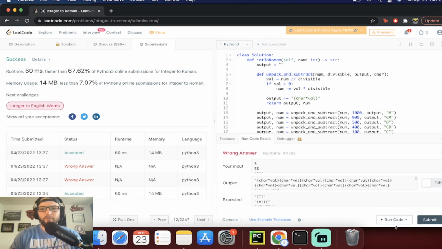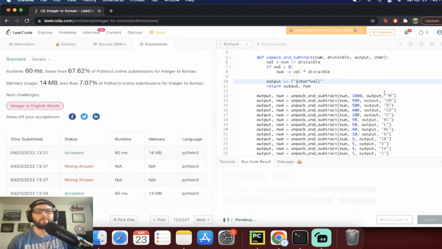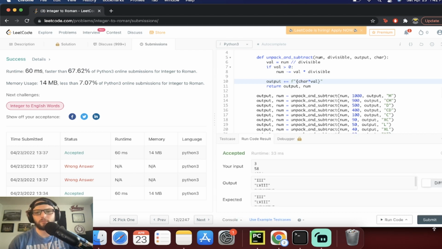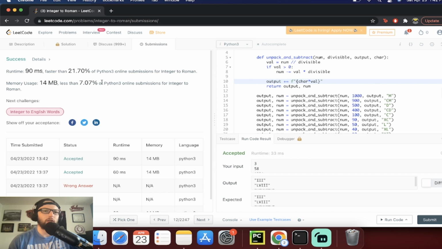Wrong answer. Gotta remember the F string, buddy. Now I'm predicting that this one's gonna be pretty fast and pretty space efficient. It's actually bad on both.